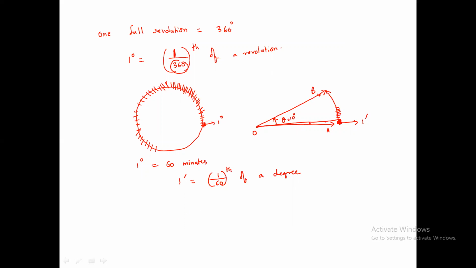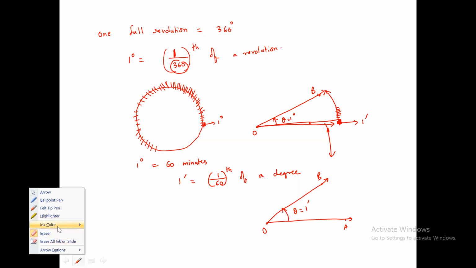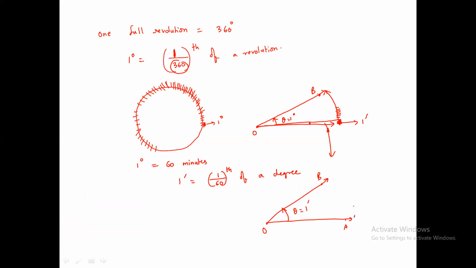Now, if I take this 1 minute angle and zoom it, suppose this is the vertex, this is the initial side, I'm zooming it. This angle is looking too big, but it is 1 minute. Initially, I took 1 degree. Now I am taking 1 minute. Okay. So this 1 minute angle, again I am dividing it into 60 parts.